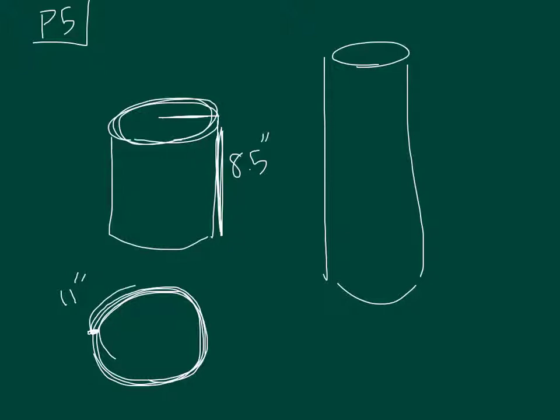And once you find the circumference, you can go backwards in order to find the radius. So that's going to be 2 times pi times r equals 11 inches. If you solve this for r, just like we did in Algebra 1, then we should be able to find the radius. Once we find the radius, we can find everything, lateral surface areas and everything.